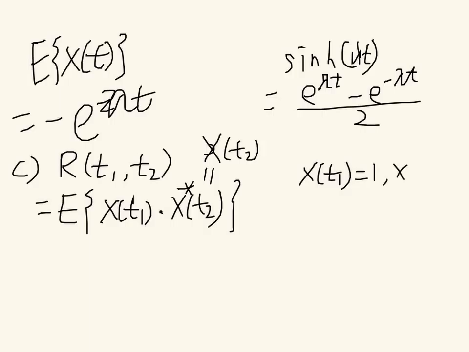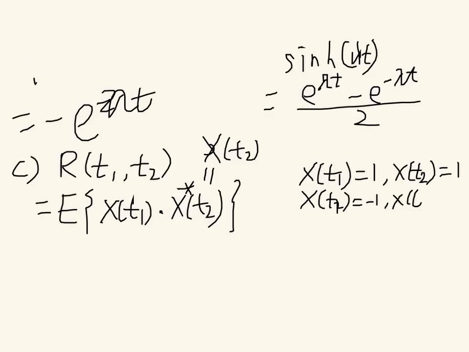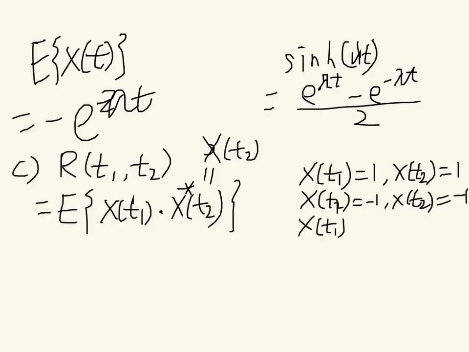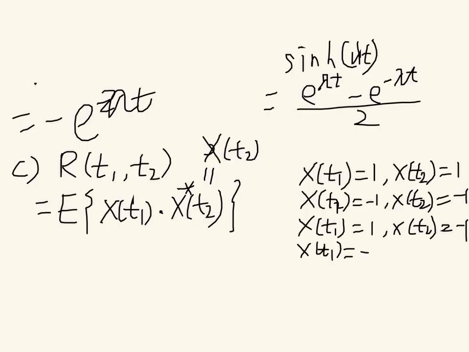First is X(t1) equal to 1, X(t2) equal to 1. Second is X(t1) equal to minus 1, X(t2) also equal to minus 1, and X(t1) equal to 1, X(t2) equal to minus 1, and X(t1) equal to minus 1, X(t2) equal to 1.